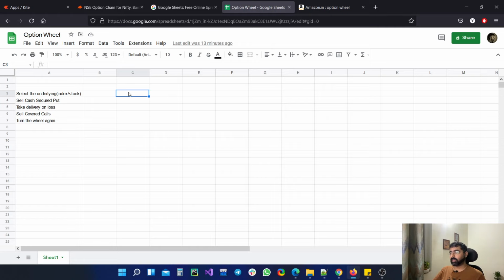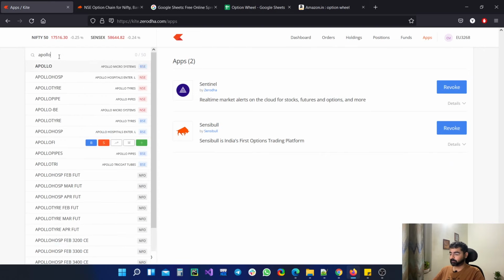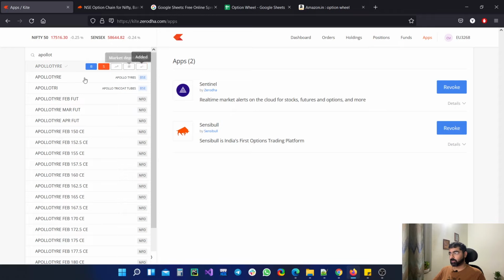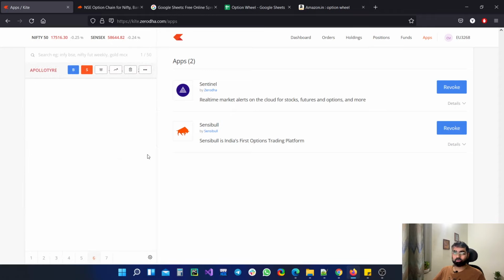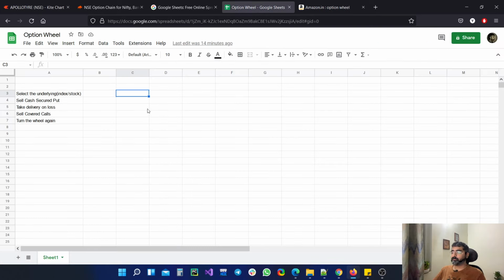So let us take the example of some stock, let's say Apollo Tyres. I am slightly bullish on Apollo Tyres and I want to construct the option wheel on this Apollo Tyres. So now the first step is done. I have selected an underlying and I am saying that I am slightly bullish on it.